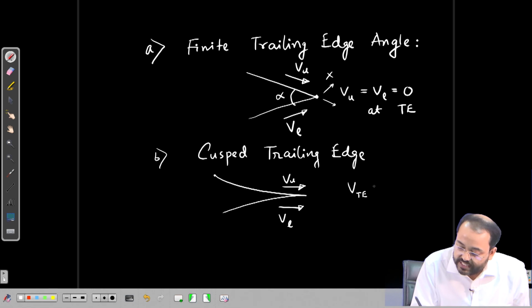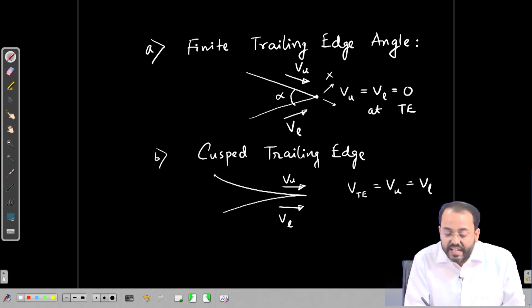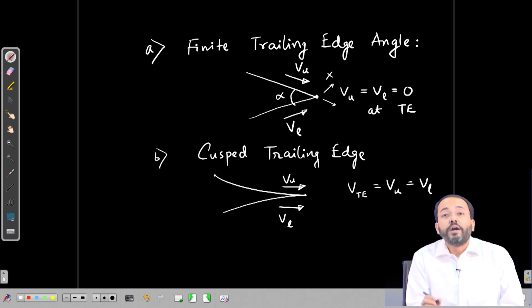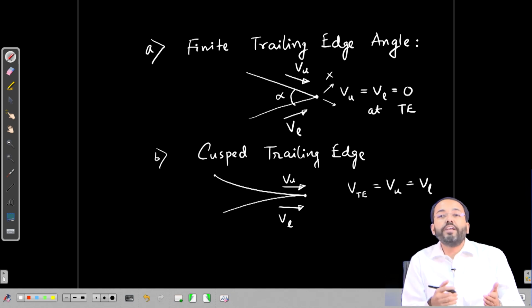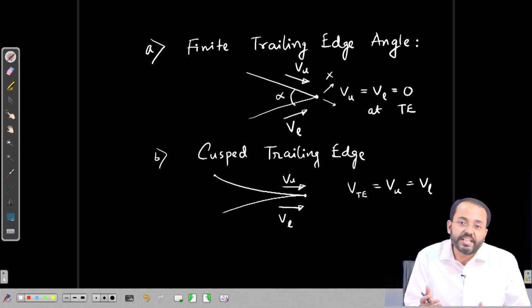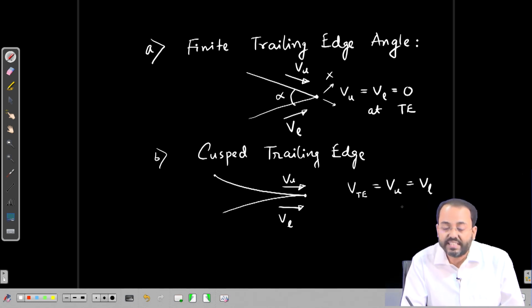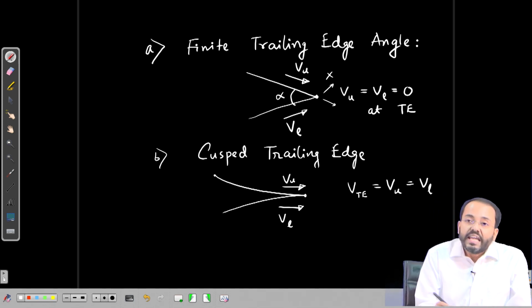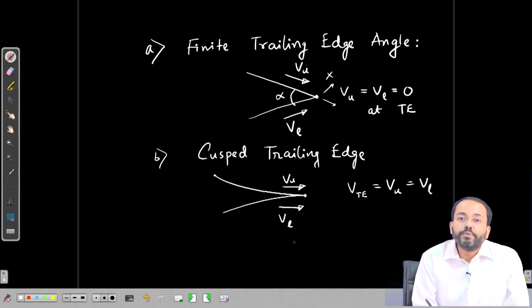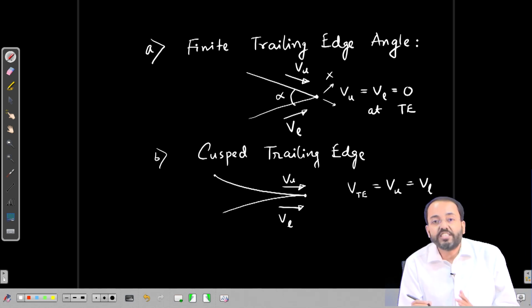So, V trailing edge equal to Vu equal to Vl, because at the trailing edge we can have a velocity here, but that velocity should be equal. Because if there is a velocity jump, that will also indicate a pressure jump, and that cannot be possible in the free stream flow. So, for that reason in this particular case there can be a trailing edge velocity, but it has to be equal.